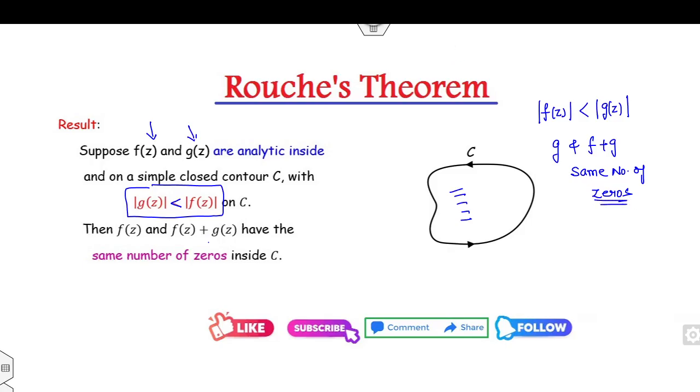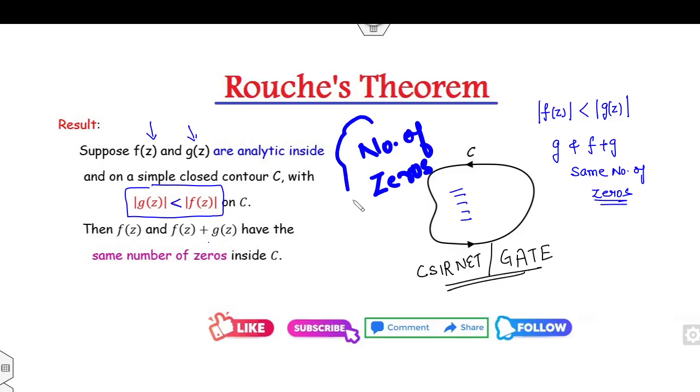Now the most important thing is, whenever you are part of the CSIR NET examinations or the GATE examination, how do you know when you can use the Rouche theorem in a particular problem? The concept is very simple. Whenever the question is related to the number of zeros, whenever the statement talks about the number of zeros, you can always apply the Rouche theorem.